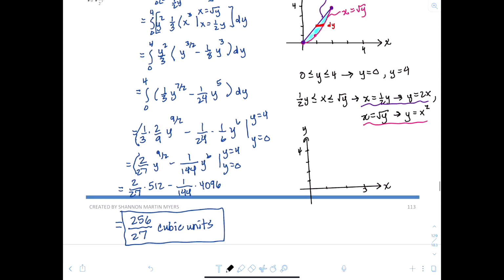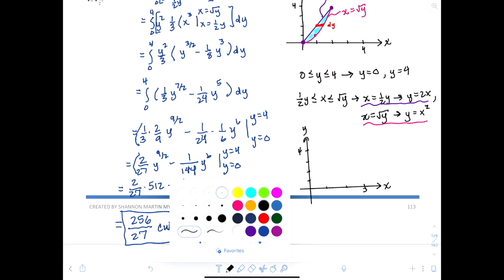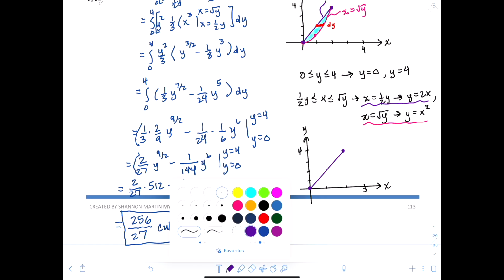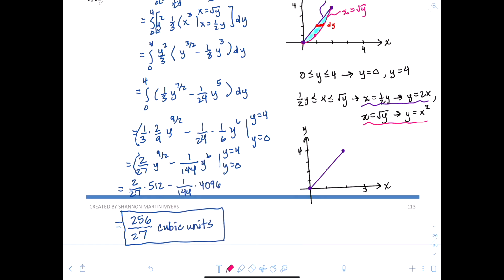So we'd still have the same picture, right? So we'd have something at 0, 0 and at 2, 4.